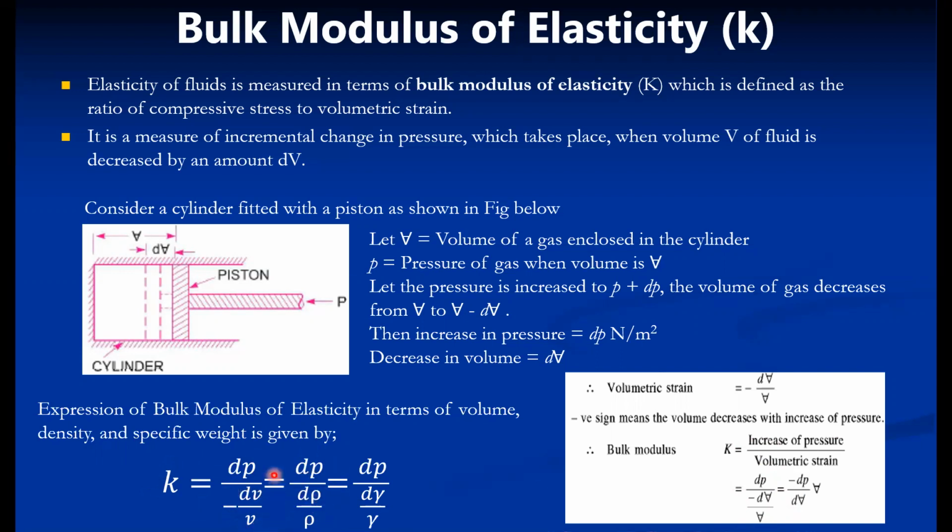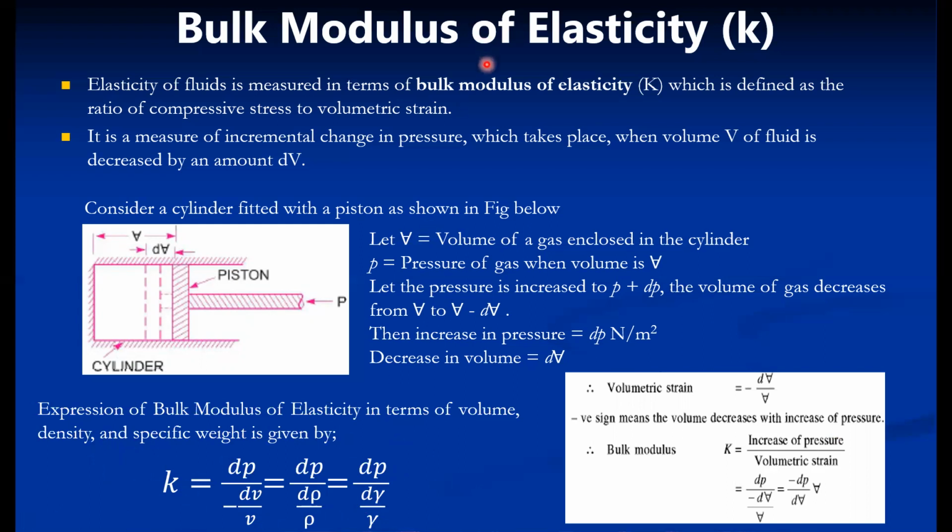So the change in volume to original volume can be replaced by change in density to original density, or by change in specific weight to original specific weight. Multiplying by g on both sides gives this expression. These expressions can be used for solving numericals depending upon the requirement. For solving numericals, you have to memorize these expressions.